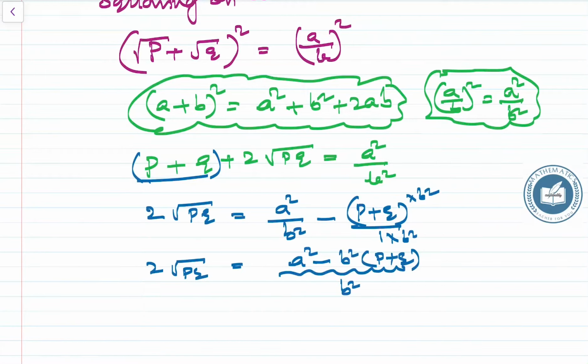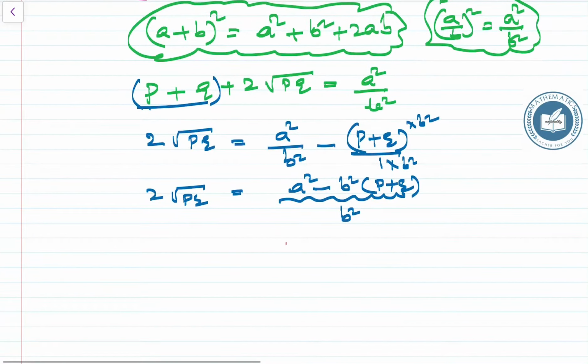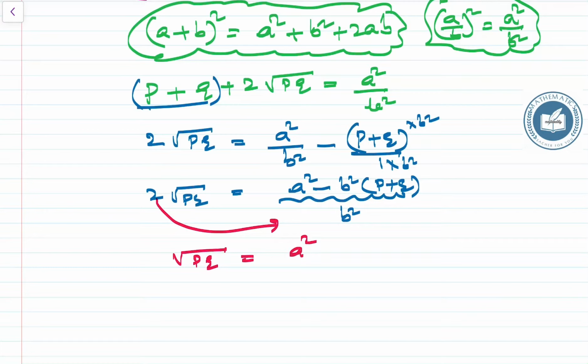Already p and q are primes and a and b are integers. Now we have to transpose 2 from left to right. So root pq is equal to (a square minus b square times (p plus q)) upon 2b square.